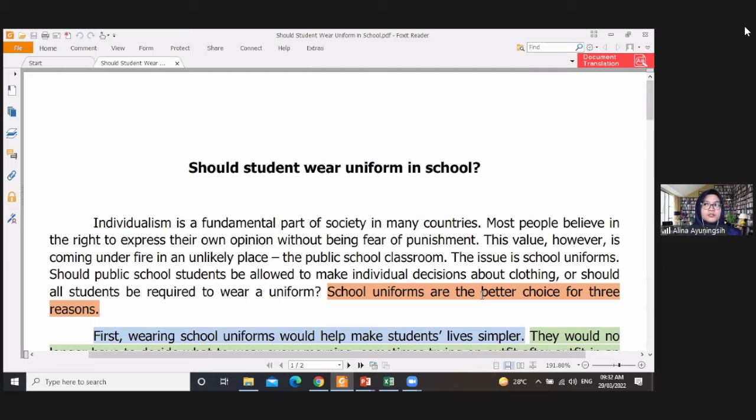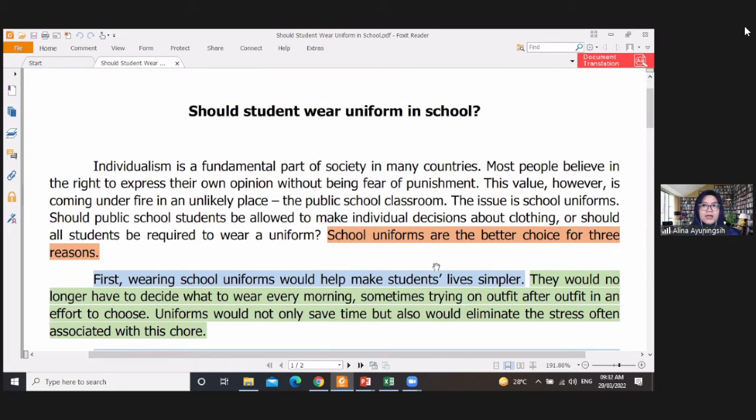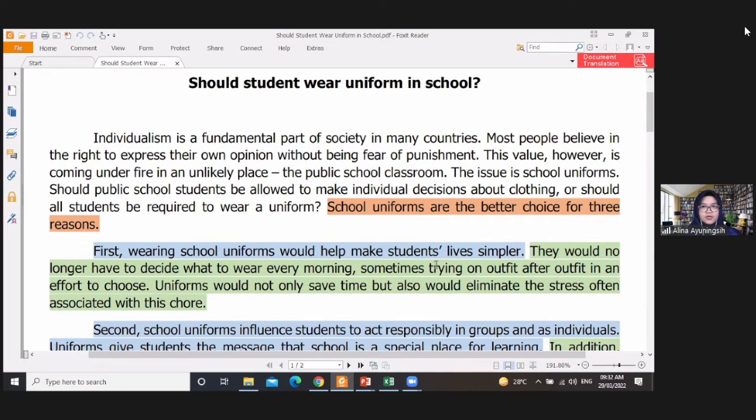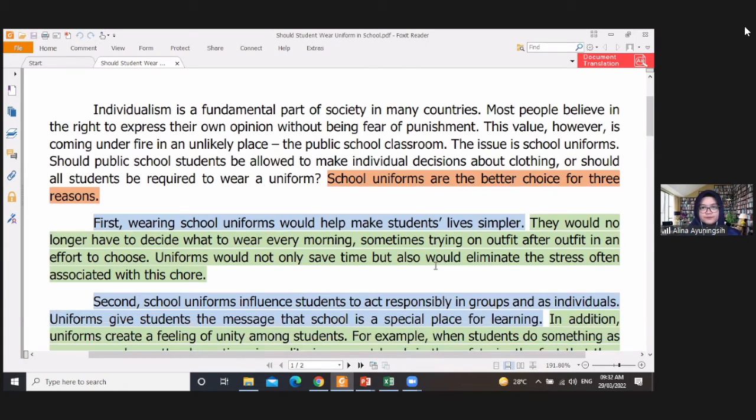So this student agrees that wearing school uniforms is a lot better rather than not wearing one. Okay, so he or she will provide the reason why she or he chooses or agrees that school uniforms are the better choice. She or he has three reasons here, so meaning we have three body paragraphs.